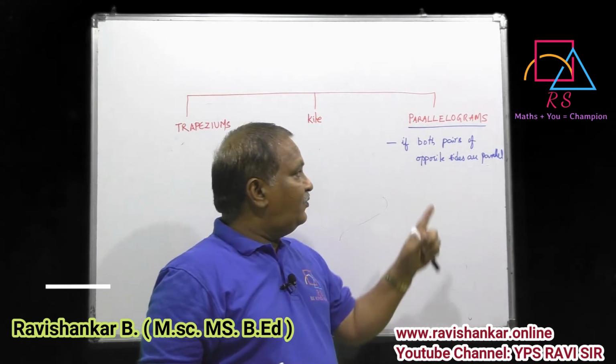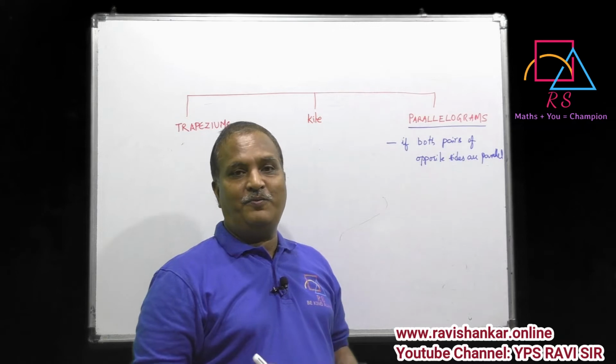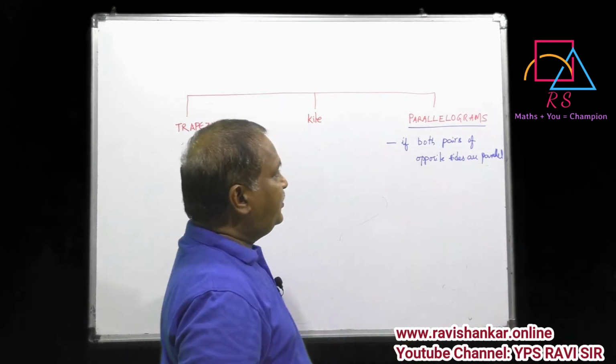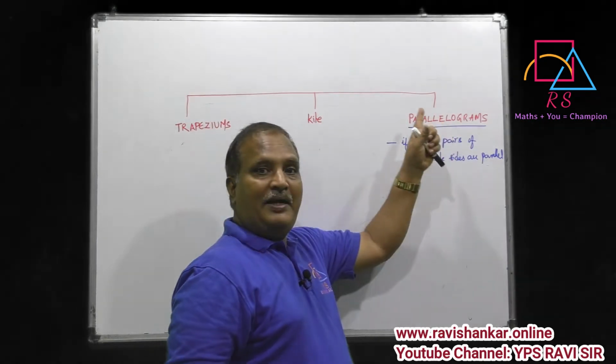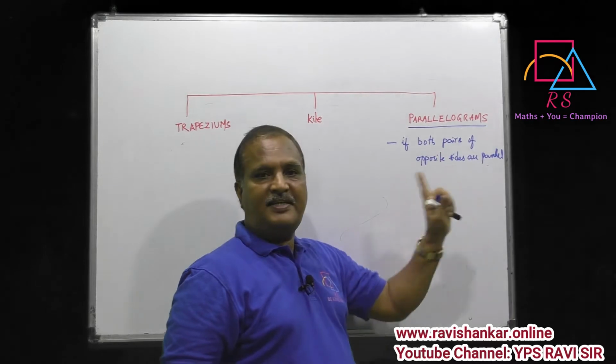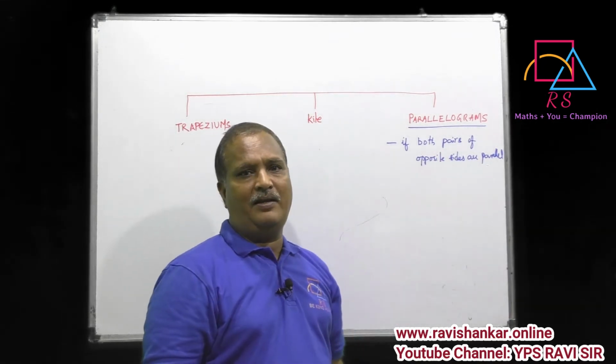What are opposite sides? I have explained in one of my videos how to identify the opposite sides. So a quadrilateral becomes a parallelogram if both pairs of opposite sides are parallel. What happens if only one pair is parallel?